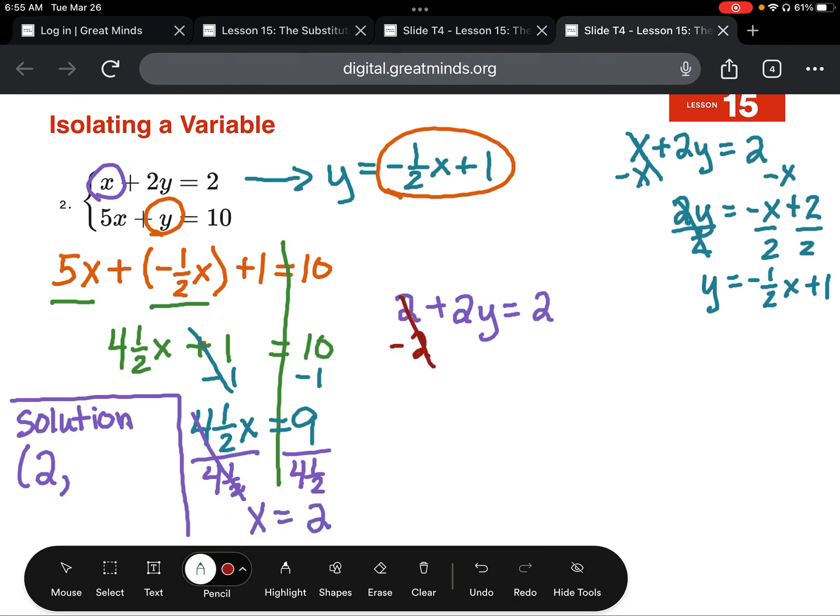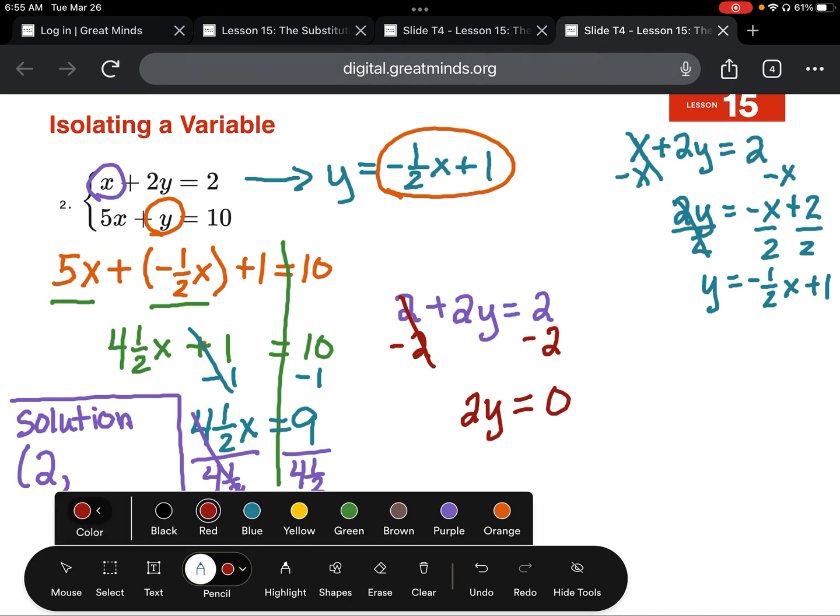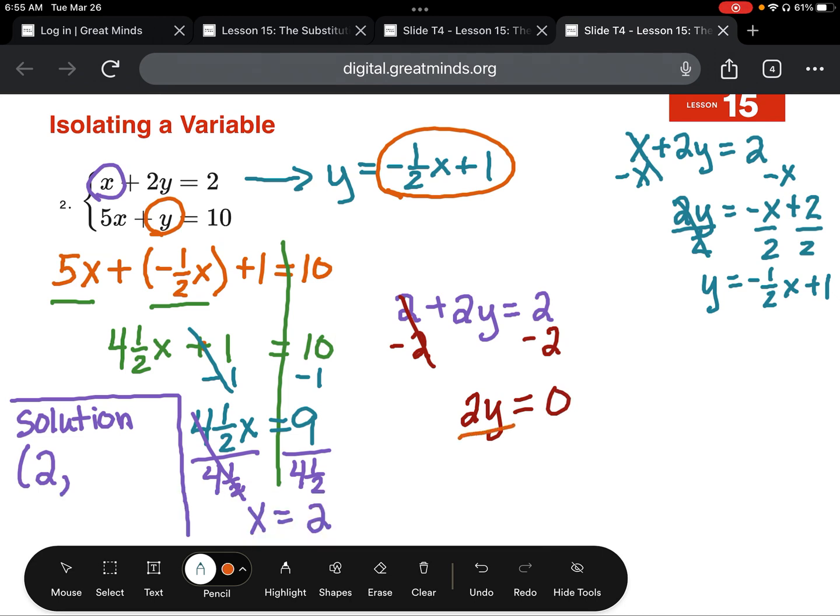Subtract 2, subtract 2, 2y equals 0. Again, the goal is to get y alone. Divide by 2, divide by 2, y equals 0. It is okay to have 0 as a numerator like this, but if we had 0 as the denominator, we would see that this is undefined. But this is okay as a solution, and then we can go back and check.